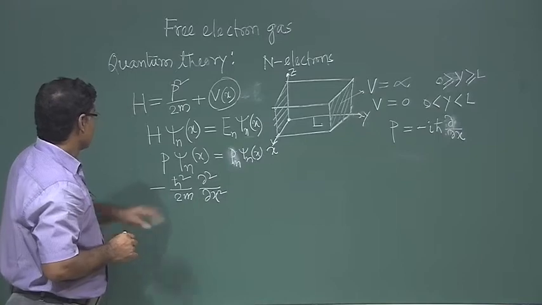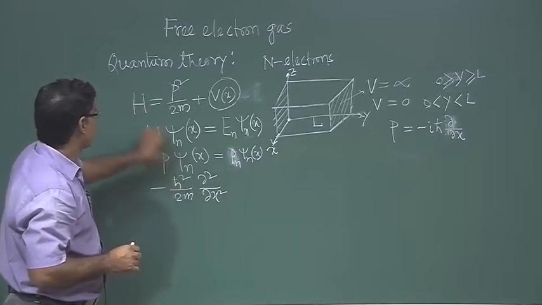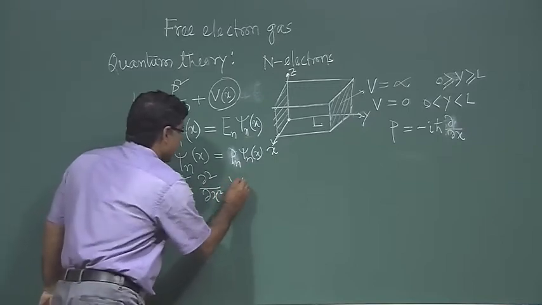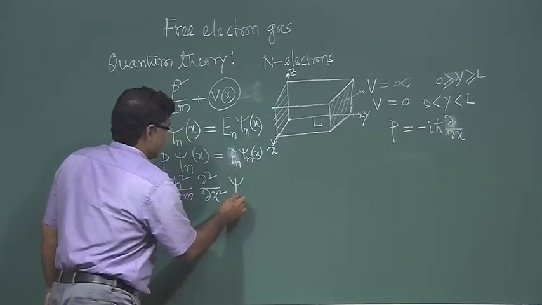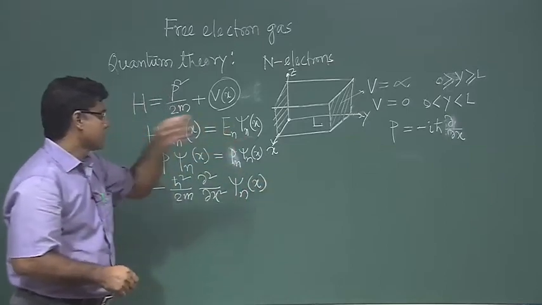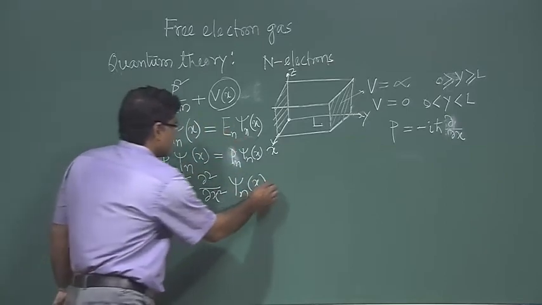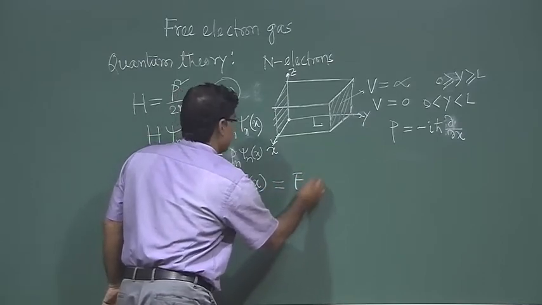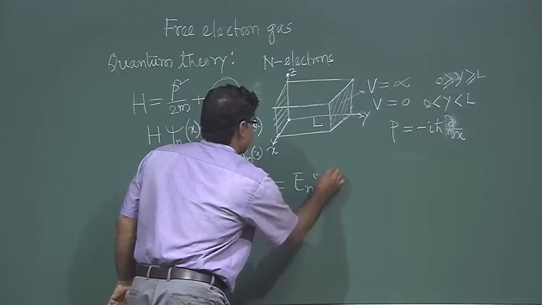That will be the Hamiltonian operator. Now, if you apply it on the wave function of the system, it will give you the energy times psi n of x.